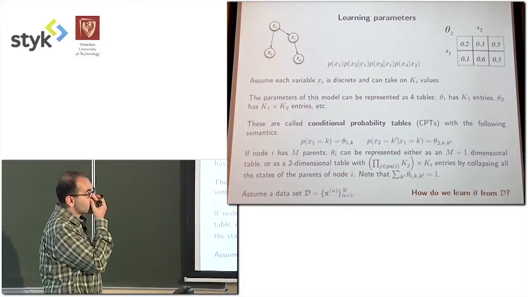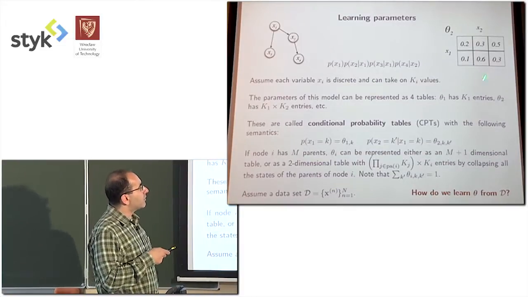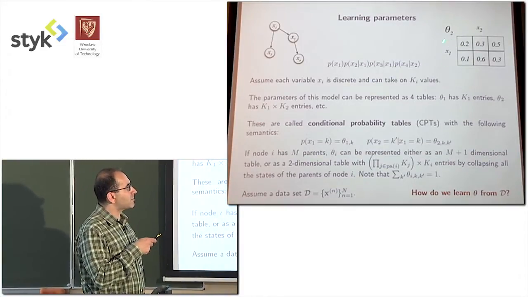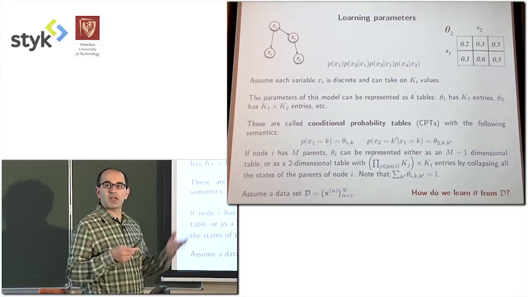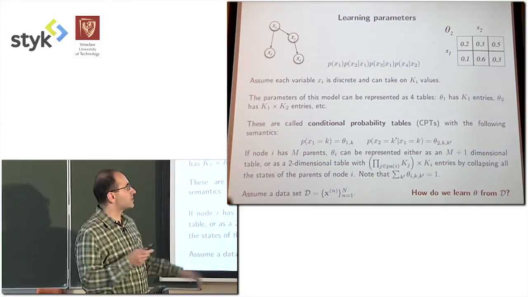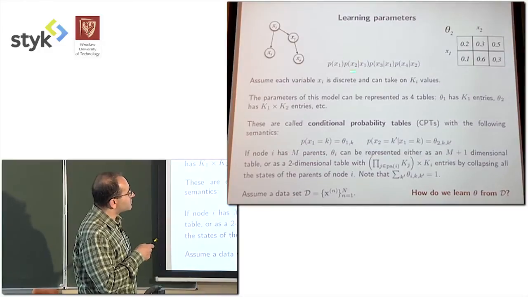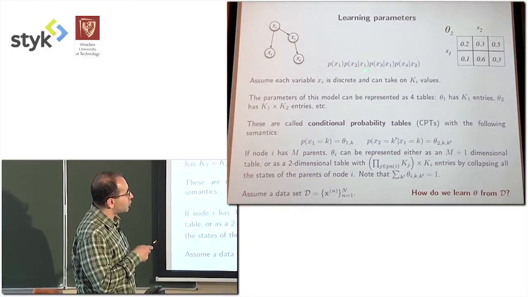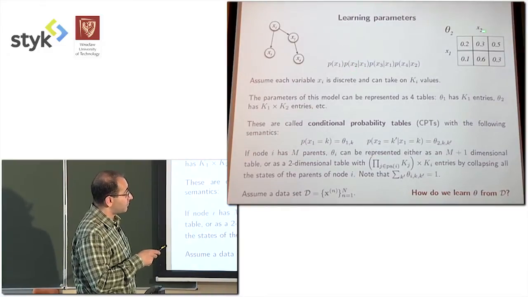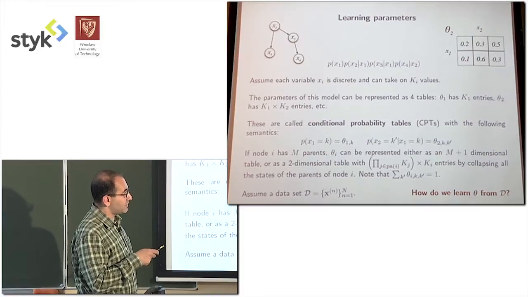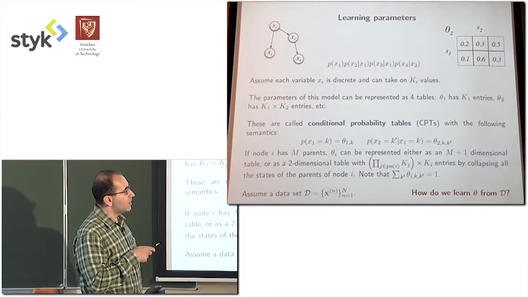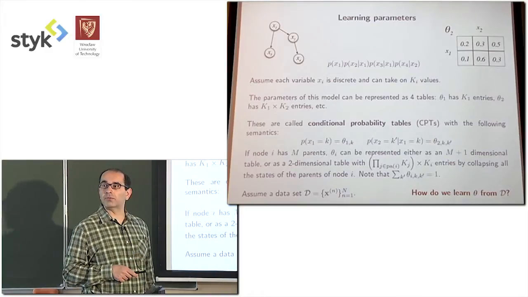So now imagine, for example, that x1 was a binary variable and x2 could take 3 values, just for example. So this object here, this conditional probability distribution, is a 2 by 3 table where the rows sum to 1.